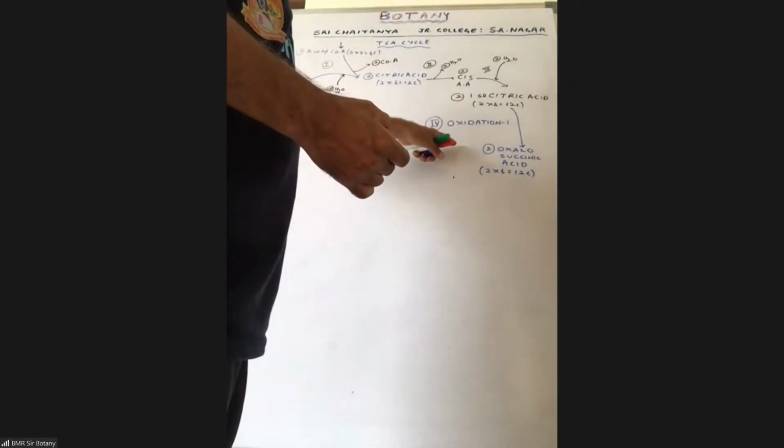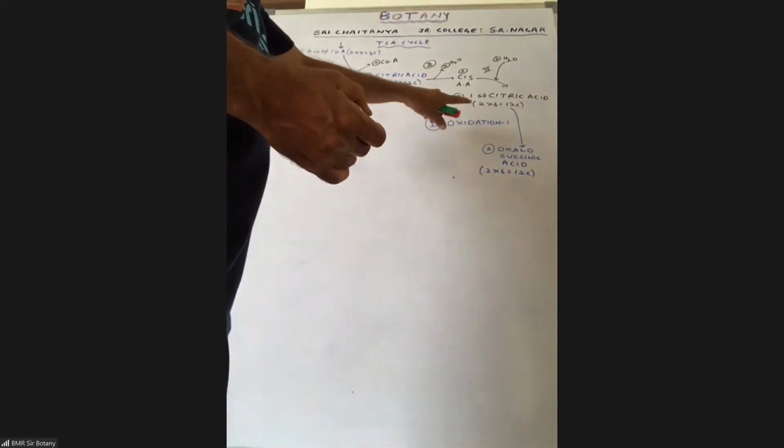Still 6 carbon only, Nana, so 12 carbons. When this has undergone oxidation, the hydrogens removed from here are added to whom? 2 molecules of NAD plus undergo reduction into 2 molecules of NADH plus H plus.